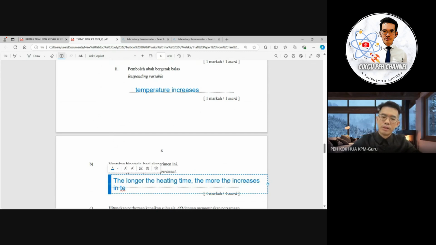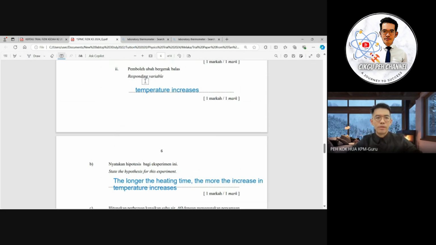The responding variable is the temperature increase, so this will be the RV and this will be the MV. So we want that mark.